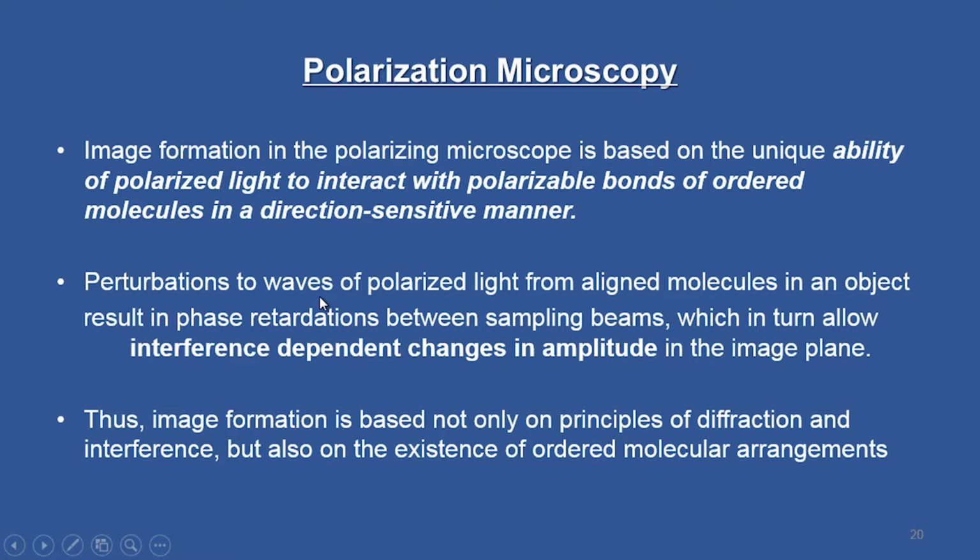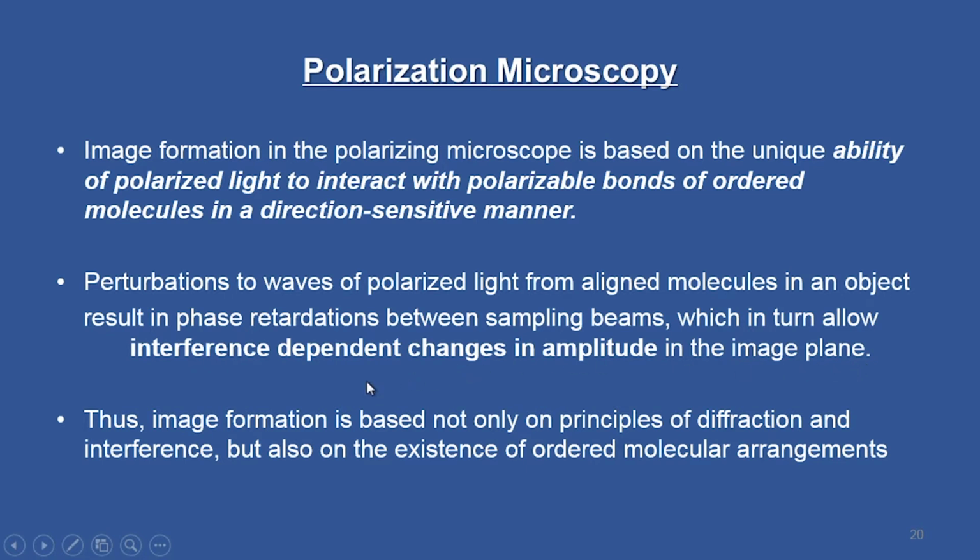Perturbations to the waves of polarized light from aligned molecules in an object result in phase retardations between sampling beams, which in turn allow interference dependent changes in amplitude in the image plane.